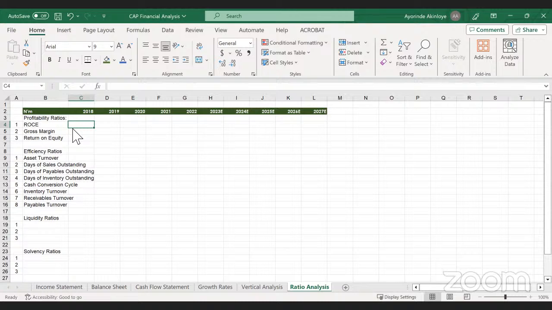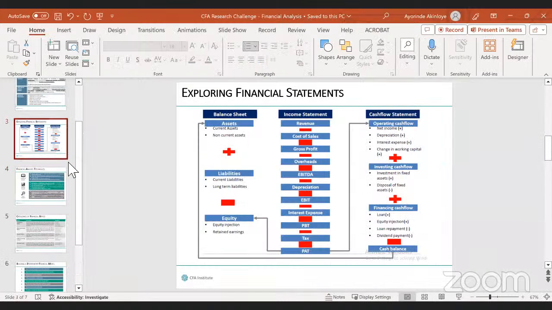Let me go back to the presentation, back to this slide. Remember, capital employed includes both equity capital and debt capital. So when we calculate return on capital employed, we will not use PAT, profit after tax, because profit after tax is only for equity holders.